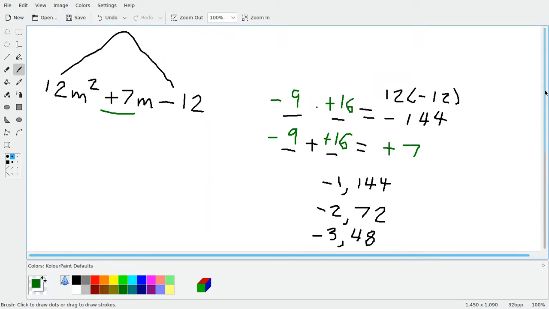We're going to take this positive 7, and it's going to be split up into two separate terms using these numbers we just found. So rewrite the positive 7m in the middle as a negative 9m and a positive 16m. The order you put those numbers in does not matter.